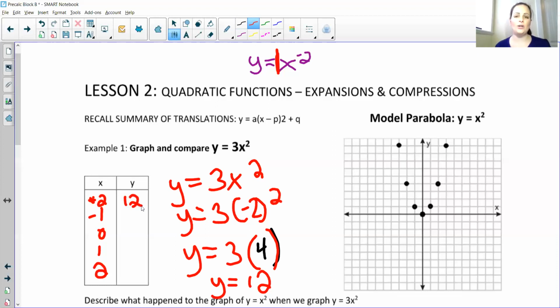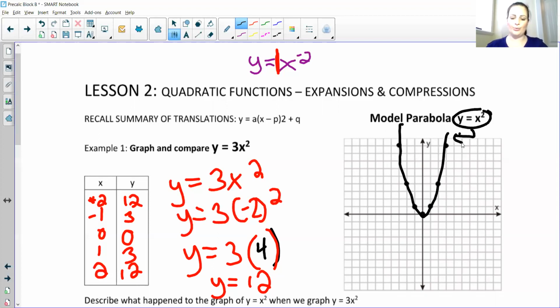Okay, pause the video here and do the other values and see what you get. You should have gotten 3, 0, 3, and 12. So if this here is a sketch of the most basic y equals x squared, the model parabola, and then you were to graph y equals 3x squared, you're going to find the vertex is in the same place, because there's 0 for p and 0 for q, which gives us our vertex values of (0, 0).